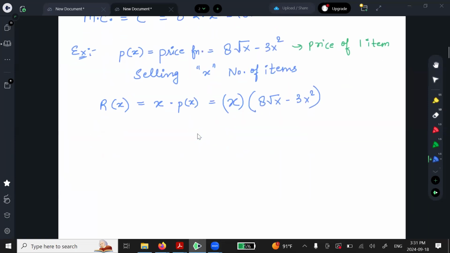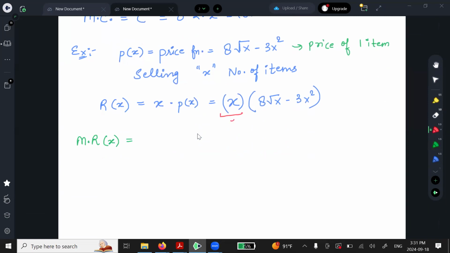Can you find me marginal revenue? Marginal revenue will be, well, differentiate, yes. Differentiate this for me. Which rule do I need? Product rule. Why?